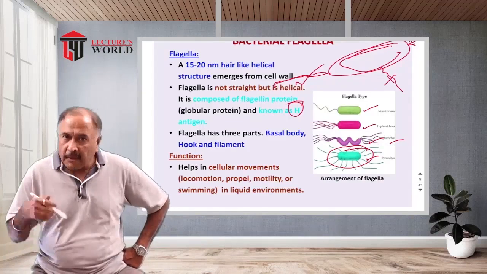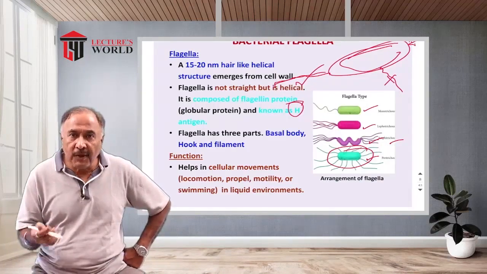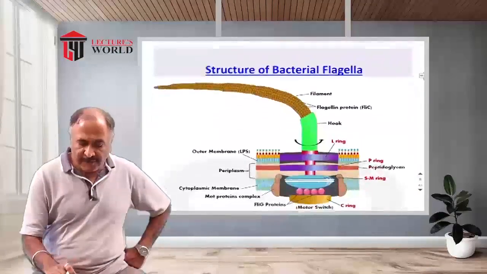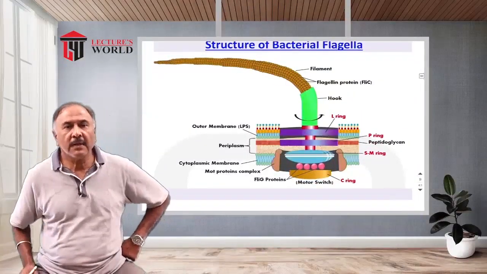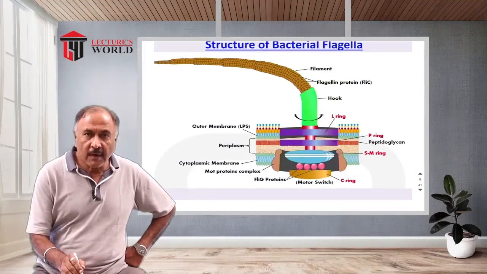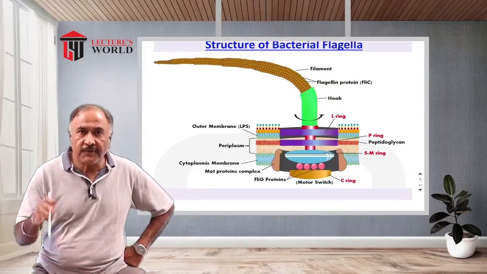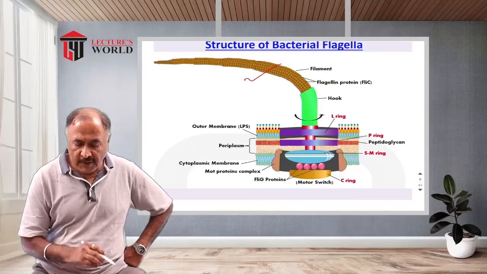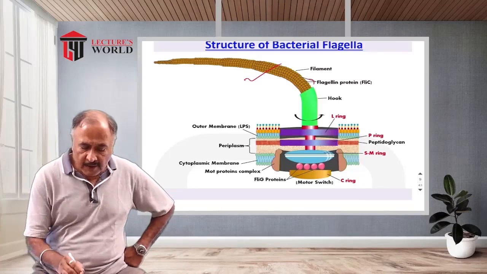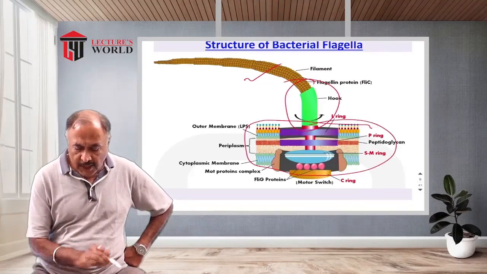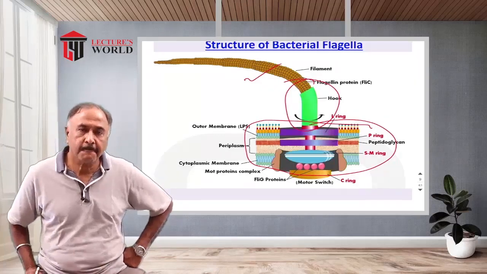Okay. Now, if you see the structure of the flagellum, it is like this. The entire structure is divided into three sections. First one is the filament, second one is the hook, and the third one is the basal body.